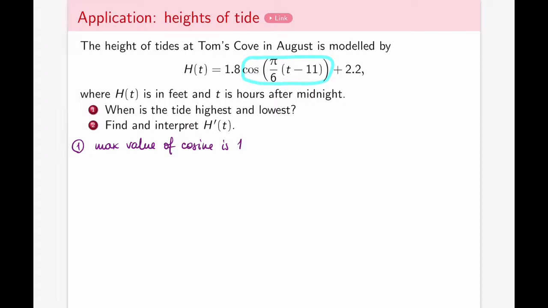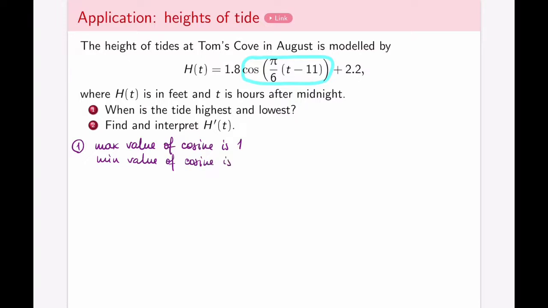I'm going to do that in conjunction with analyzing when the tide is the lowest. So first of all, I have to think about when the cosine value is the smallest, remembering that it can in fact be negative, right? So 0 is not the smallest the cosine can be. -1 is the smallest that it can be. So a minimum value of cosine is -1.